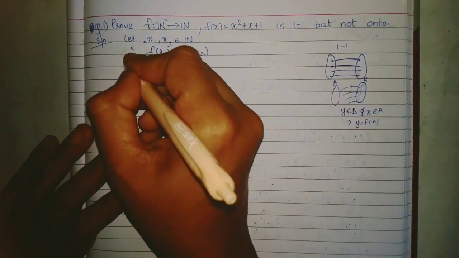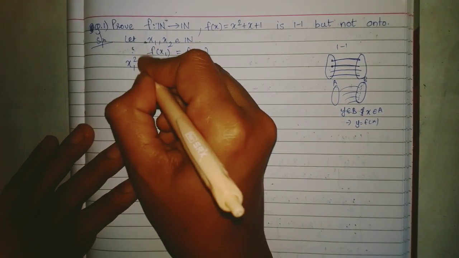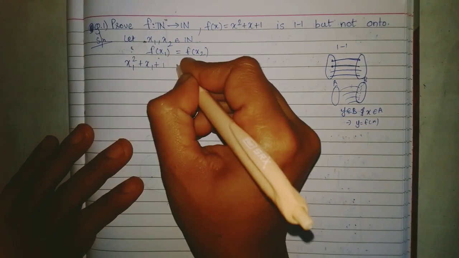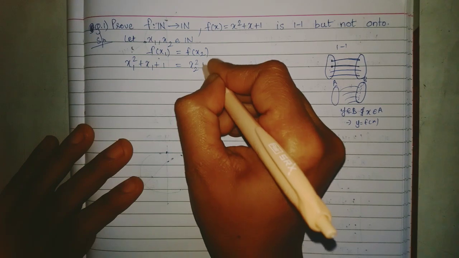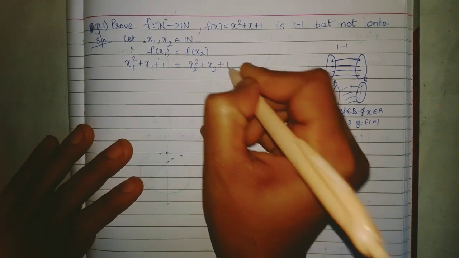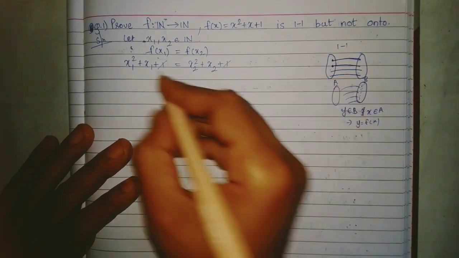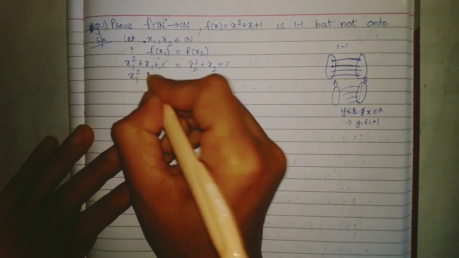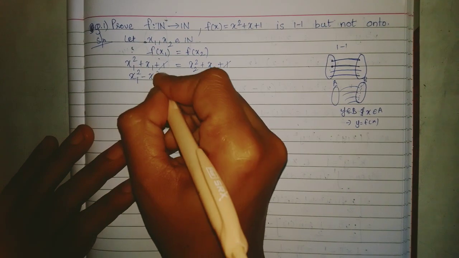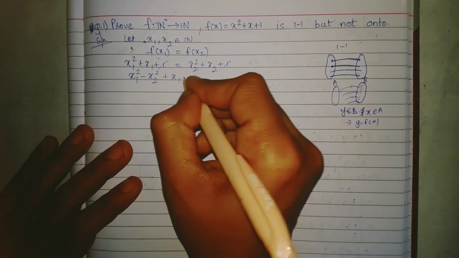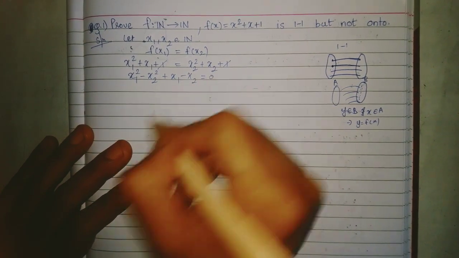So we have to write x1 square plus x1 plus 1 equal to x2 square plus x2 plus 1. This one you can cancel, then x1 square minus x2 square plus x1 minus x2 equal to 0.